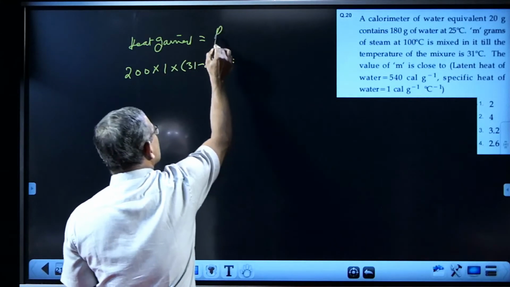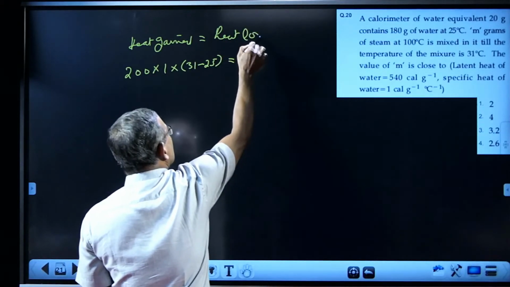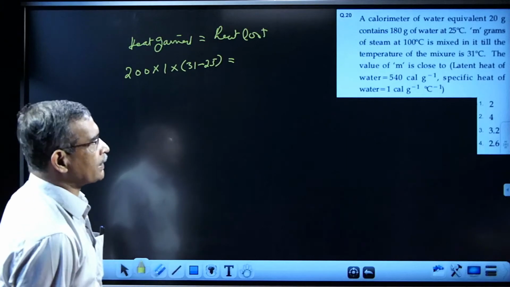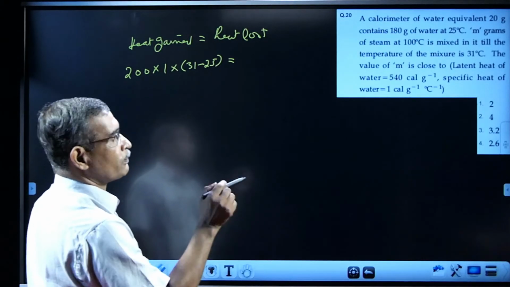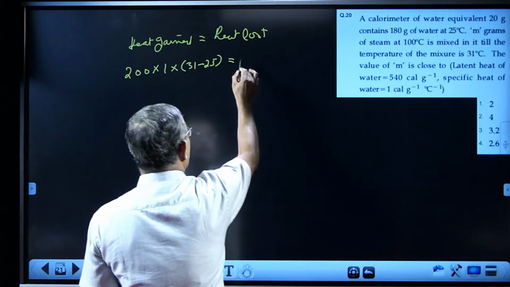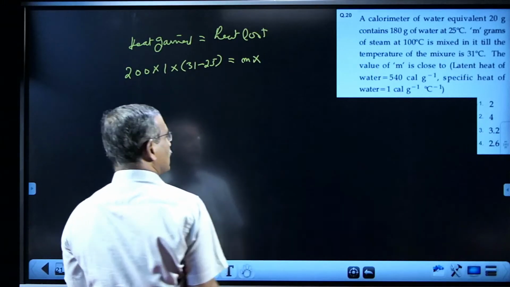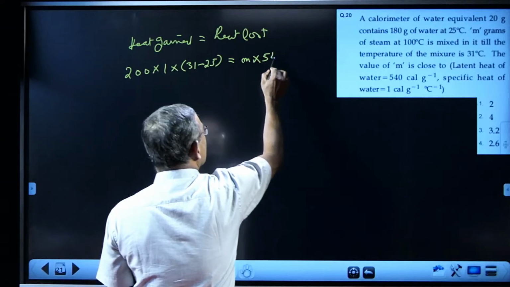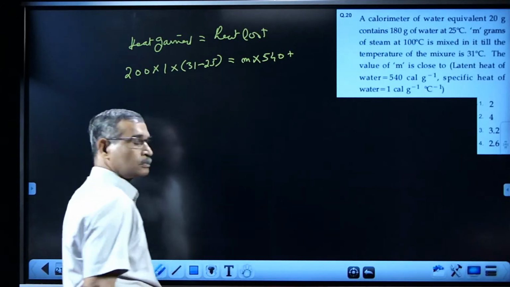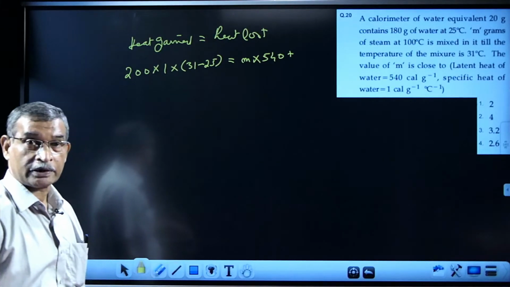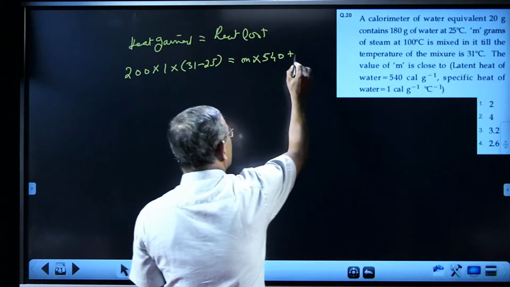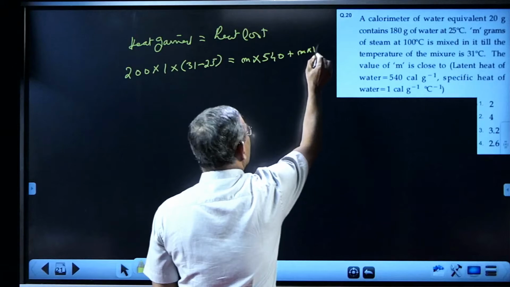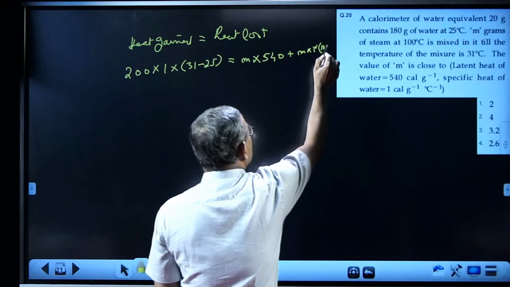This is equal to the heat lost by the m mass of steam that is added. The m gram of steam first condenses, and the heat released is m into 540, plus it cools from 100 degrees to 31, so m into 1 into (100 minus 31).